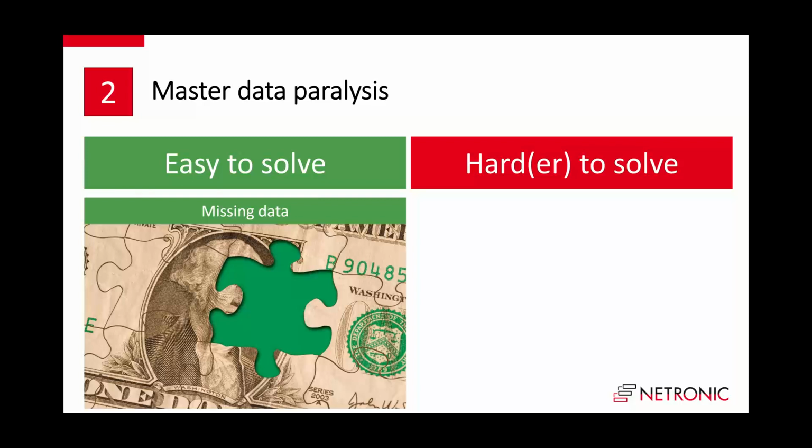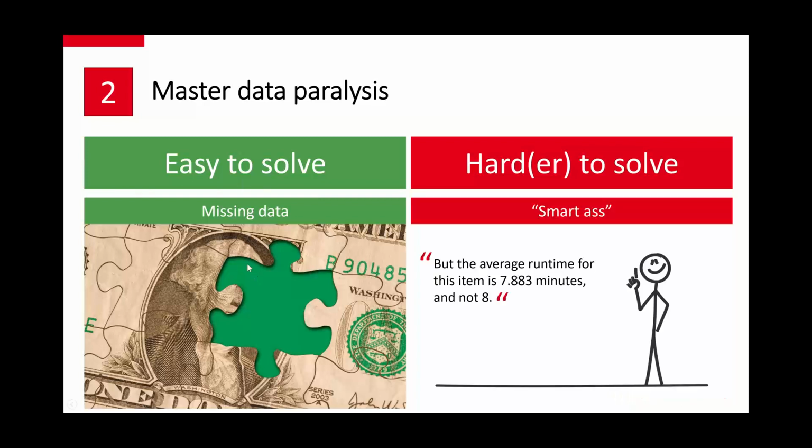The master data related case that is really harder to solve than if you miss data is if you have smart asses, in quotes, in your company. So if you have people who look at whatever master data you have, and then they say, oh, the average runtime for this item is 7.883 minutes and it's not 8.